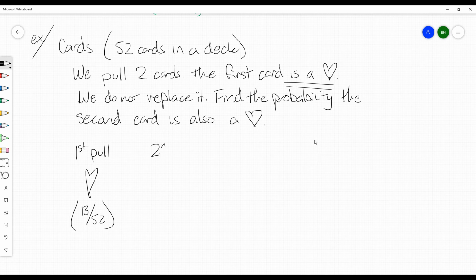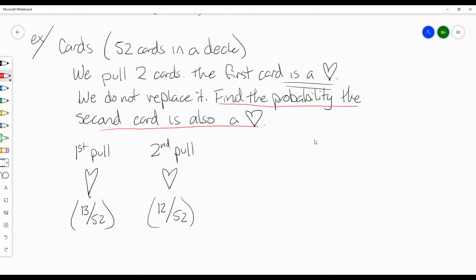Then the second pull, what we wanted was that the second card is also a heart. Well, seeing as though we just pulled one, there's only 12 left out of 52. Now, this problem just said find the probability the second card is also a heart. It doesn't say anything else about the first card in the question, right?